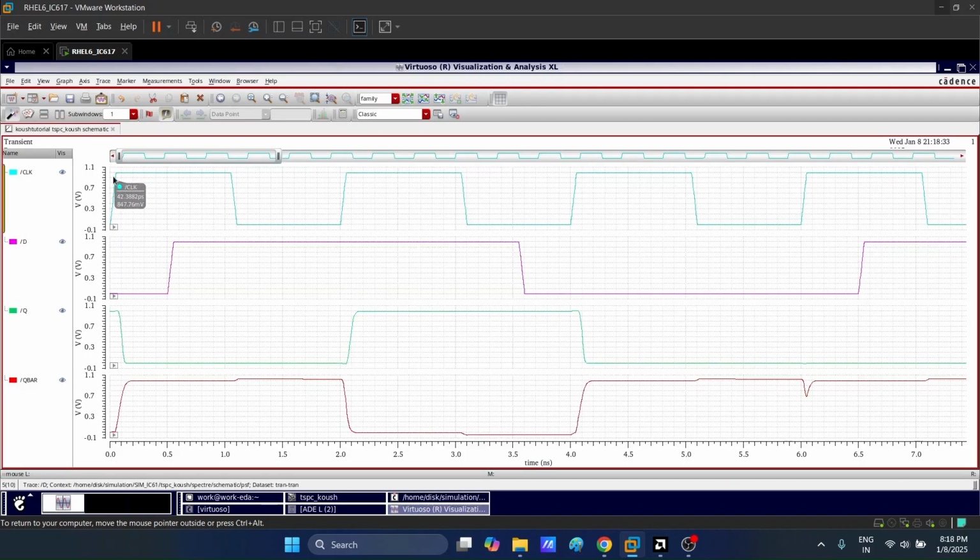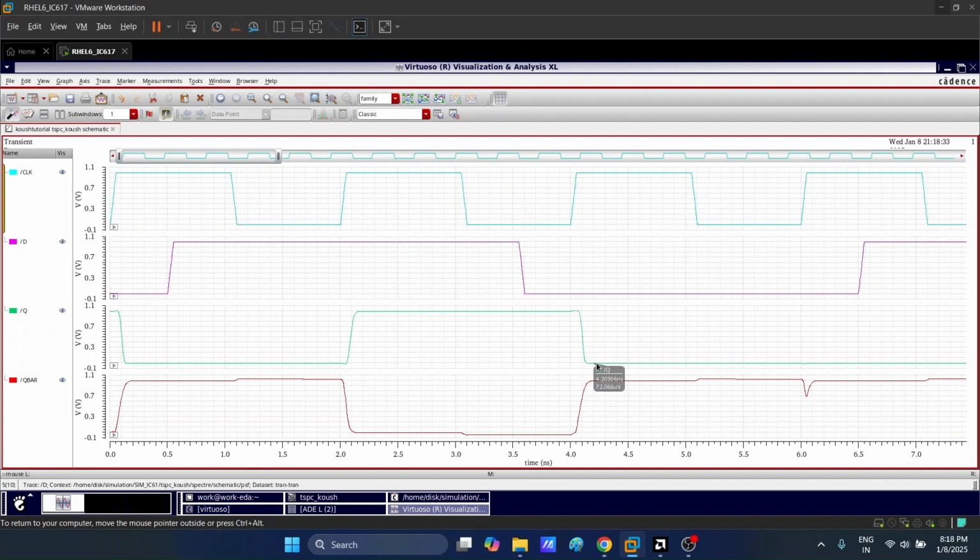So here we can see when the clock goes to 1, the D input is 0. So the Q output also goes to 0 and Q bar is 1. Then here when the clock goes to 1, the D input was 1. So the Q output also goes to 1. Here when the clock goes to 1, the D input was 0.